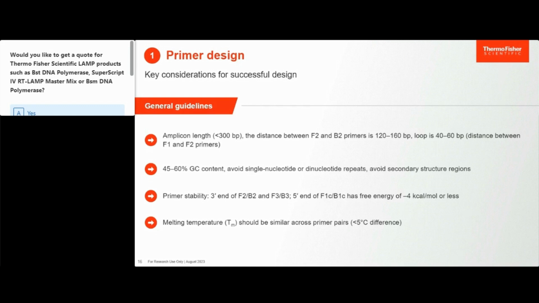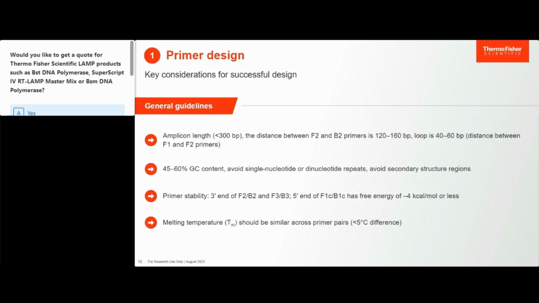The 5' end of F1c after amplification corresponds to the 3' end of F1, so stability is important. Finally, the melting temperature of the primers should be similar across primer pairs. The difference should be less than 5 degrees.